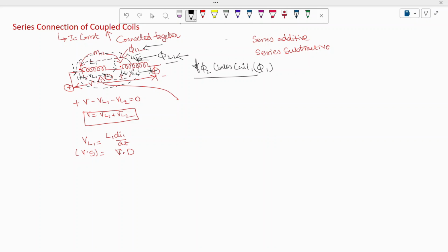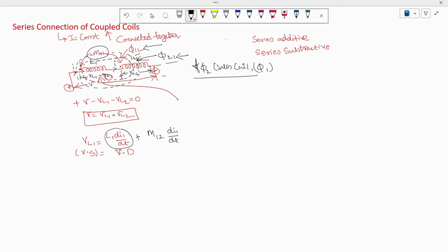Therefore, the voltage is the self-inductance L1 into di1 by dt plus the mutual inductance term, M12 times di2 by dt.